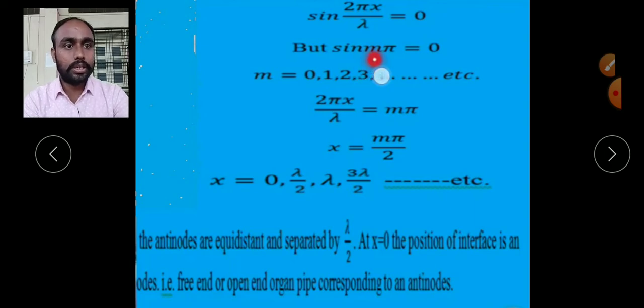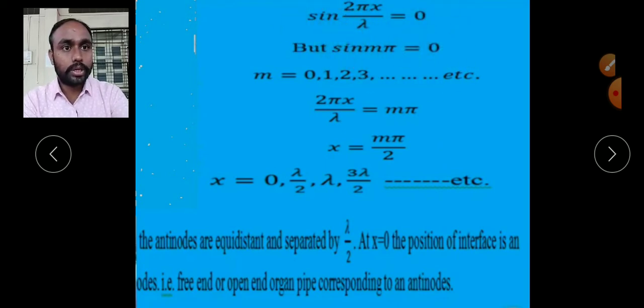Here we have used m, because n we are using for frequency. So sin m pi is 0, where m is any integer, from 0 to infinity. So sin 2 pi x by lambda is 0 and sin m pi equals 0.